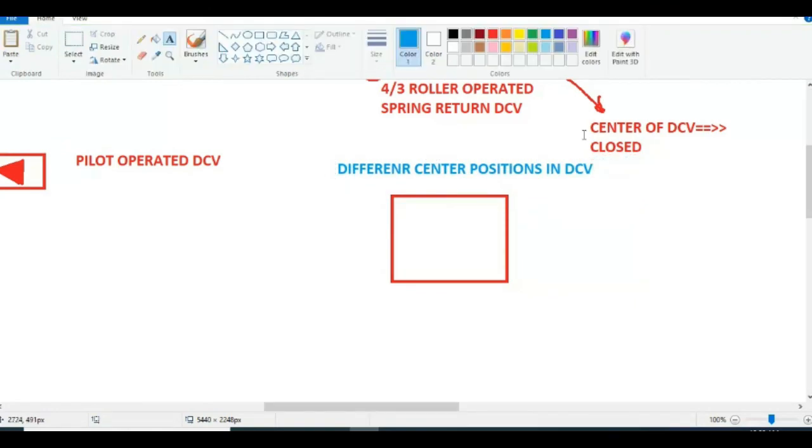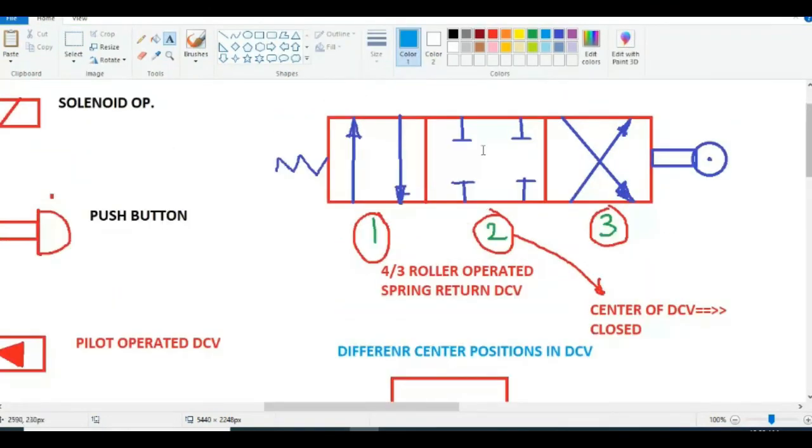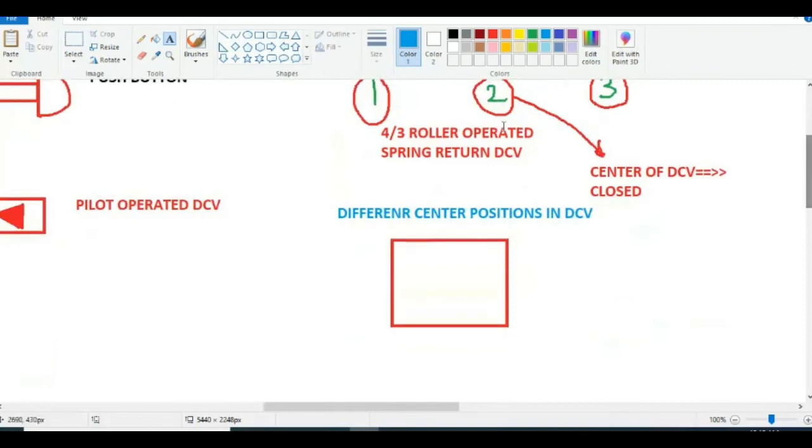Here I have shown the closed position. This inverted T symbol indicates the closed position.